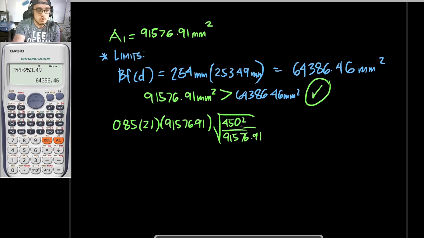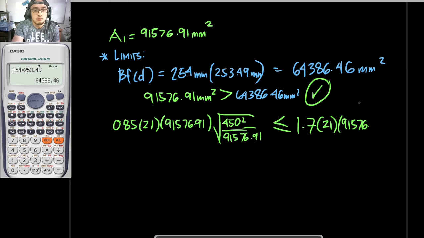So, that should be less than or equal to 1.7 times FC prime area 1. So, FC prime would be 21 and our area 1 would be 91576.91. So, i-check lang natin to.